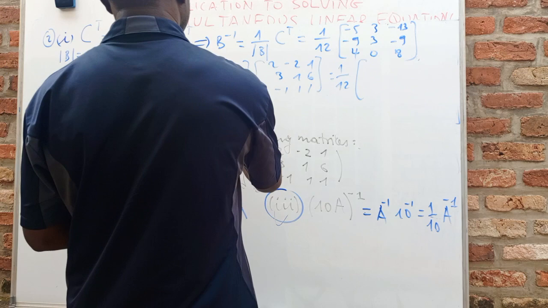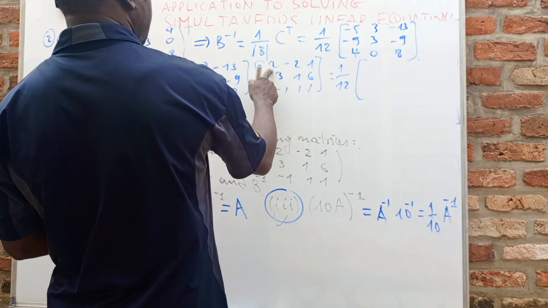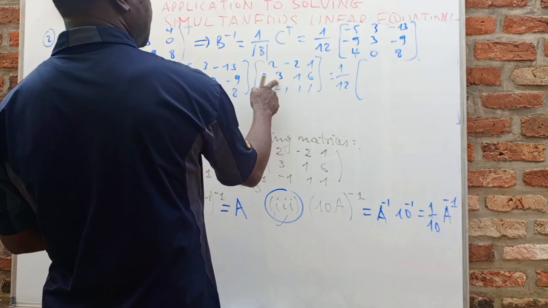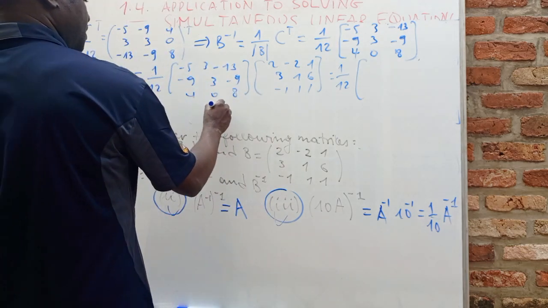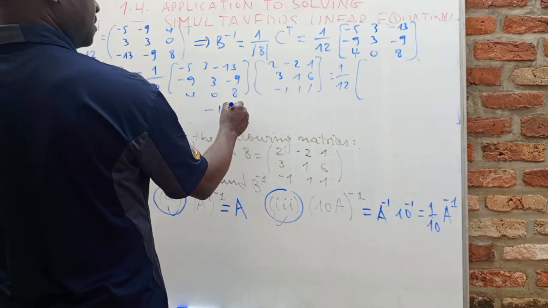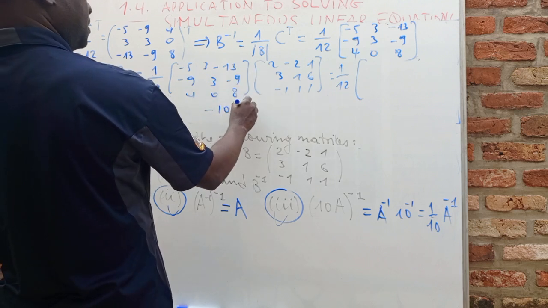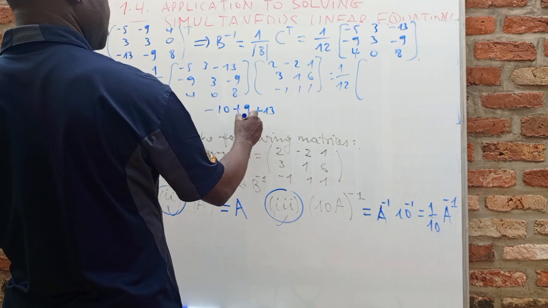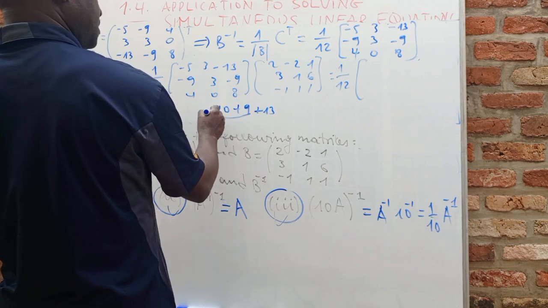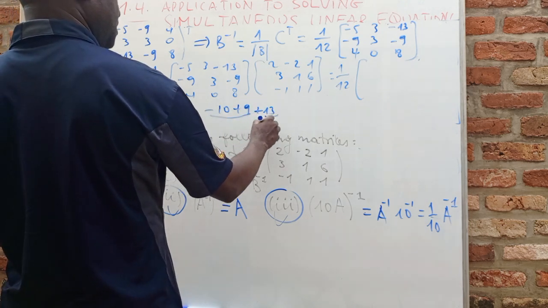So I'm wrong somewhere. It is negative 10, positive 9, and positive 13. What is it? It is 14.